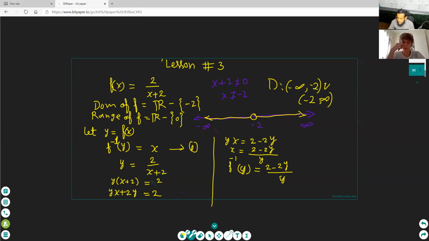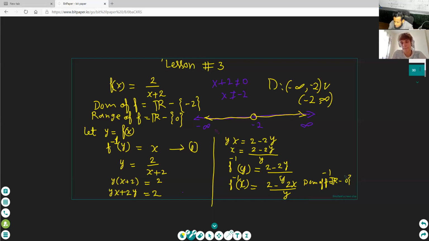Is the method clear to find the inverse of a function? You replace x, then it will become 2 minus 2x upon x. This is the inverse of the function. The domain of f inverse is equal to R minus 0.